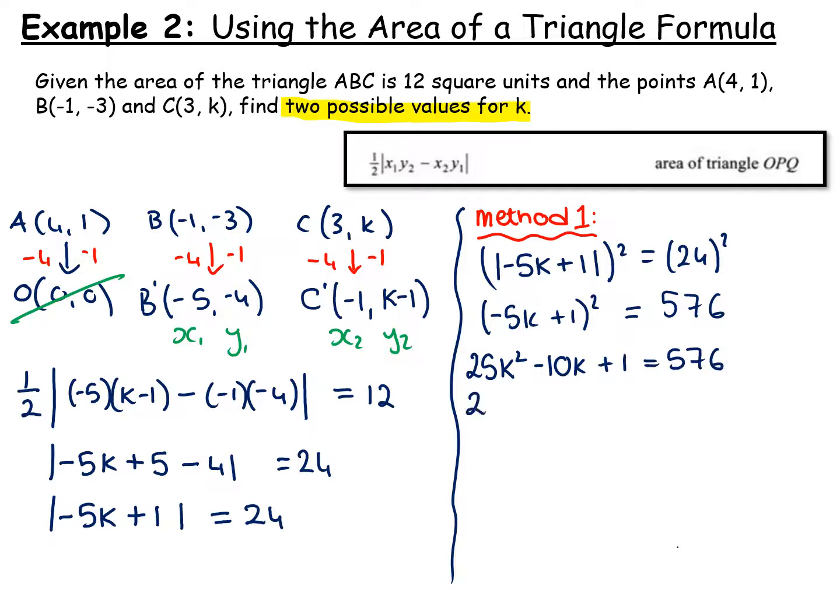Tidying up this quadratic, 25k squared minus 10k minus 575 equals 0. So everything is divisible by 5. 5k squared minus 2k, 575 divided by 5 is minus 115, equals 0. You can factorize this, or you can use the quadratic formula if you think the numbers are too big for you to work with.